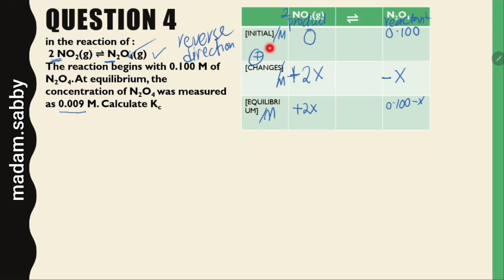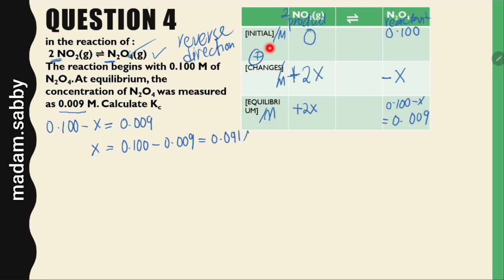They give you the equilibrium concentration for N2O4, which is 0.009. That means you can calculate your X value. 0.100 minus X equals 0.009. So your X is 0.100 minus 0.009, which equals 0.091 molar.